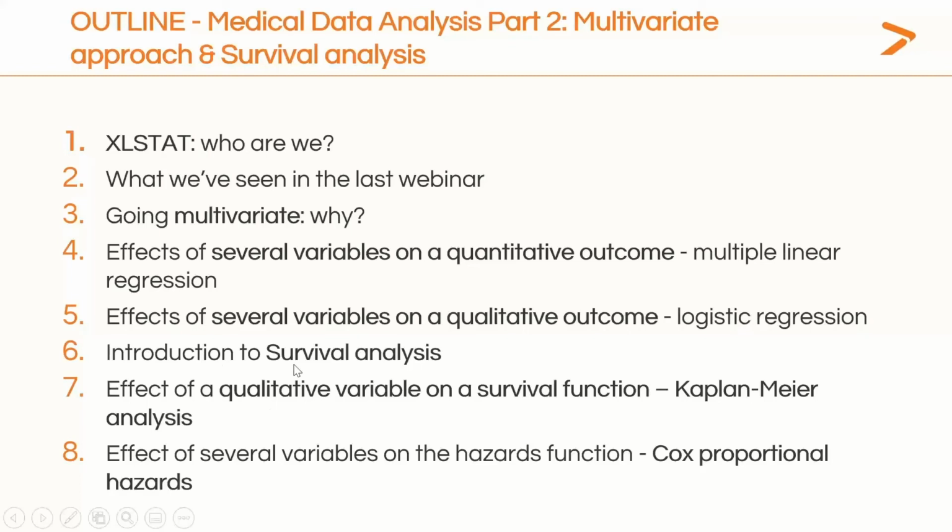Then I'll introduce you to survival analysis, which allows modeling survival and hazards or time to events according to several variables. This is the case of Cox proportional hazards. I will show you two mainstream statistical analysis used in survival analysis, Kaplan-Meier analysis and Cox proportional hazards.